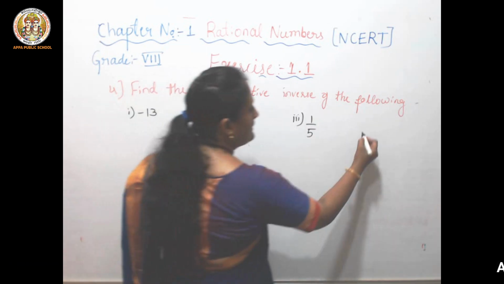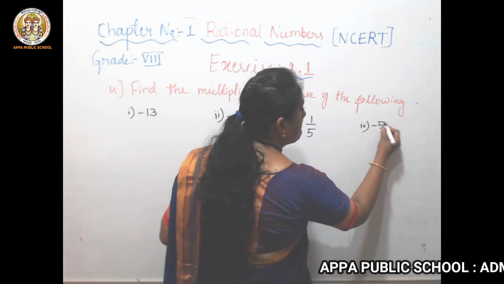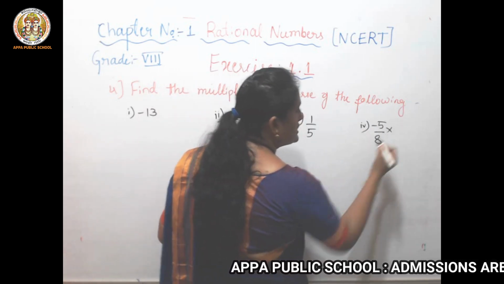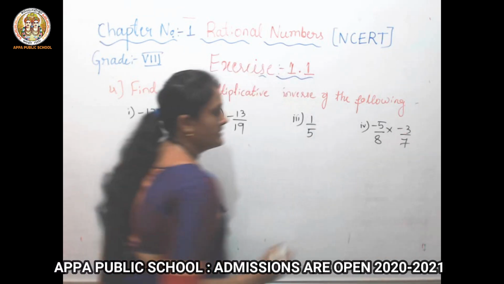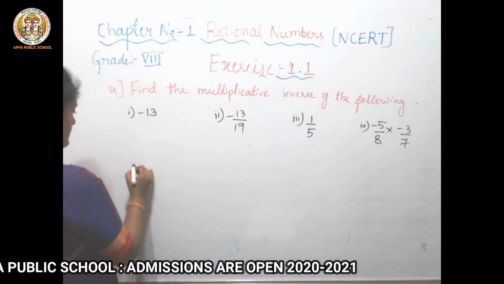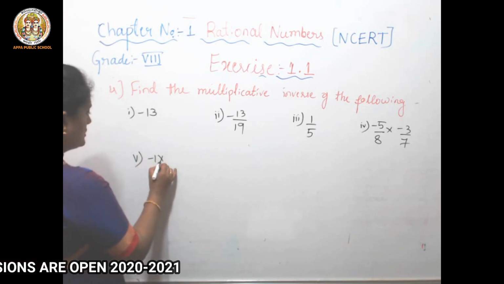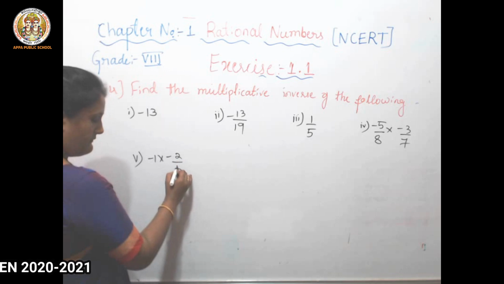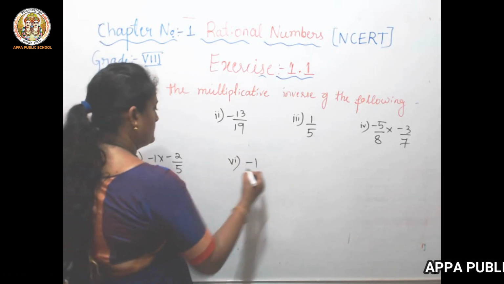The fourth one, minus 5 by 8 into minus 3 by 7. Next, the fifth one is minus 1 into minus 2 by 5. Then the last one, sixth, is minus 1.